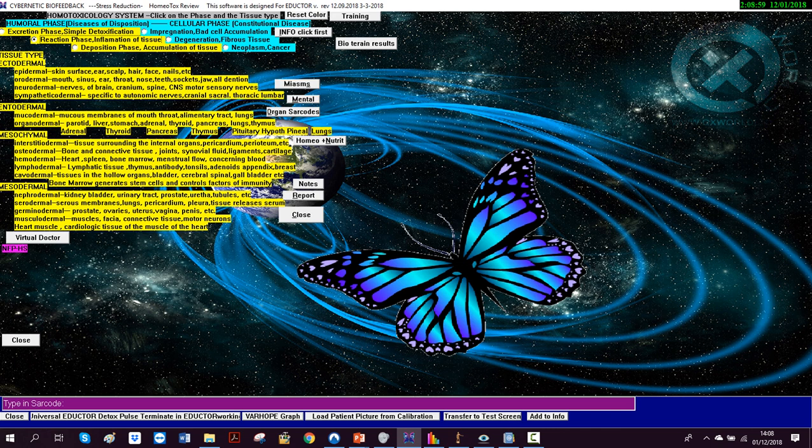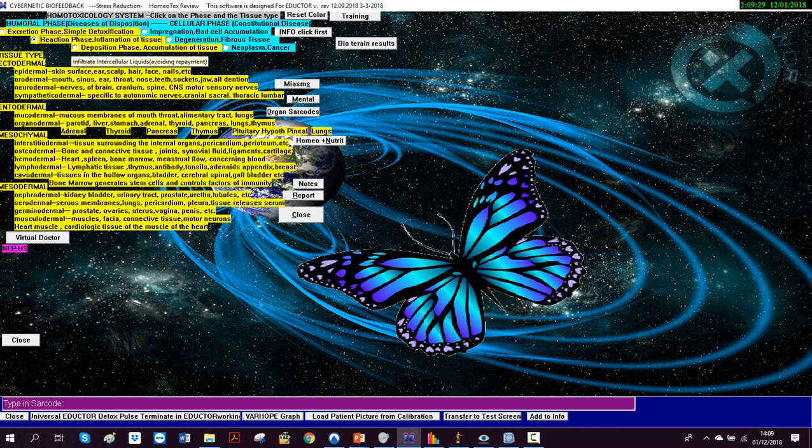This scientist explained that the toxicity in the body can be represented in 6 phases. The first phase is the excretion phase. This is what we like. The second one would be inflammation. If there is toxin and the body cannot detox, it will create inflammation.